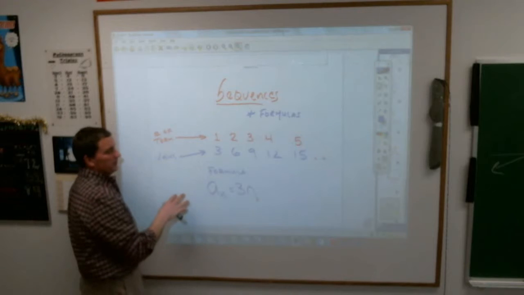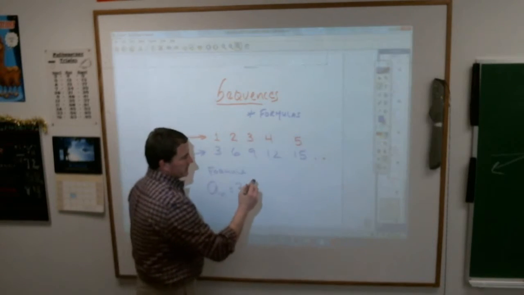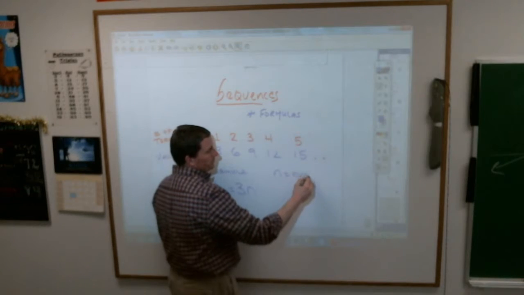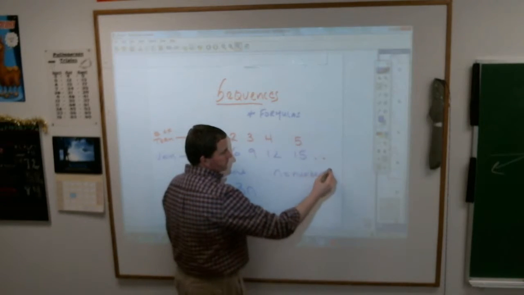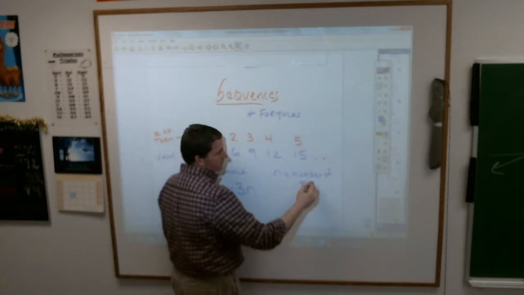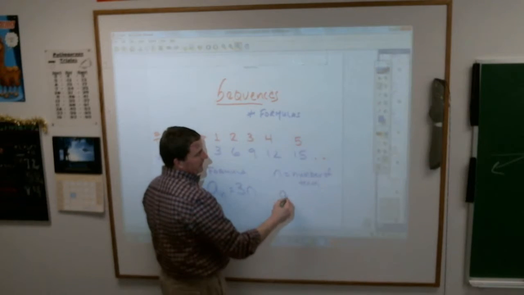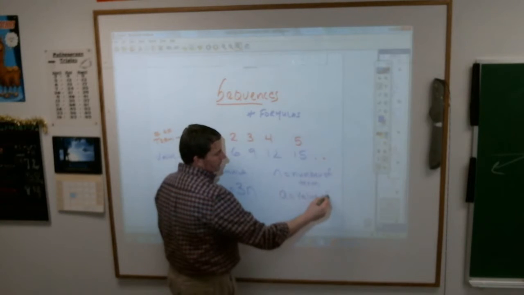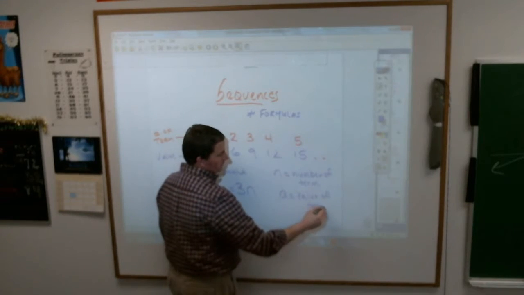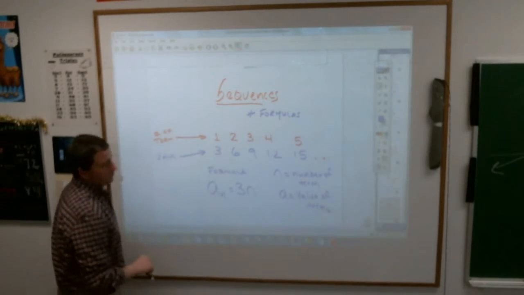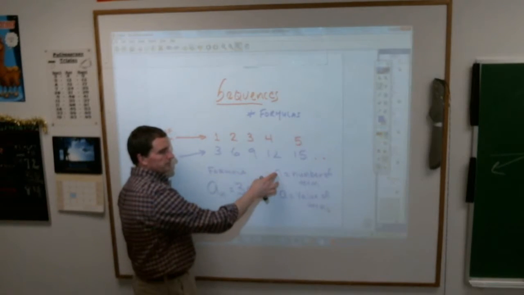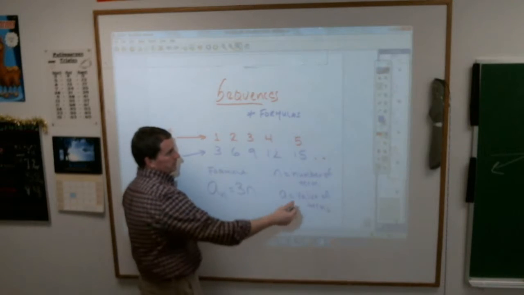When you see a sequence formula, write this down. The letter n is the number of the term. And the letter A is the value of the term. Okay, when you see these sequence formulas, it's going to be the letter n is the number of the term, the letter A is the value of the term.